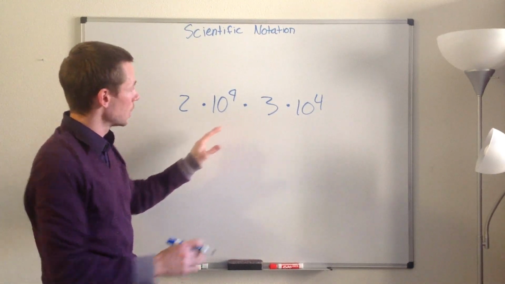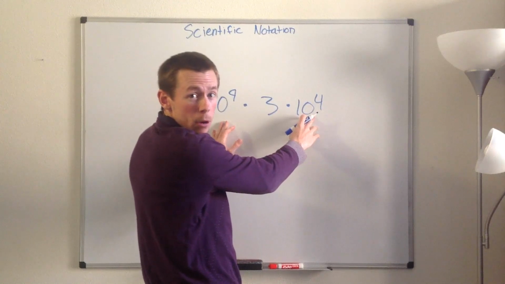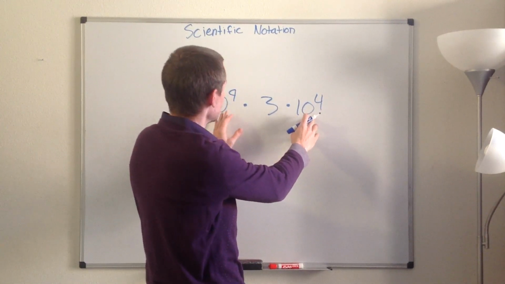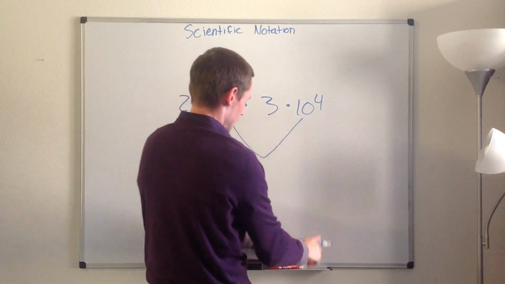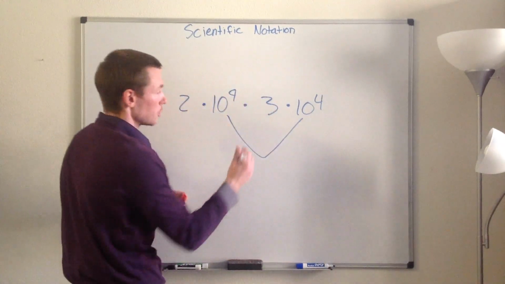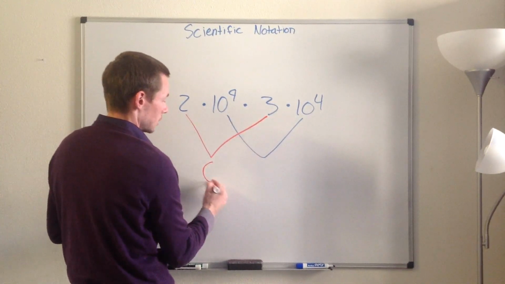So what we want to do here is multiply the exponents, in other words, the 10 to the 9th power and 10 to the 4th power. And we also want to multiply the digits. So 2 times 3 is 6.